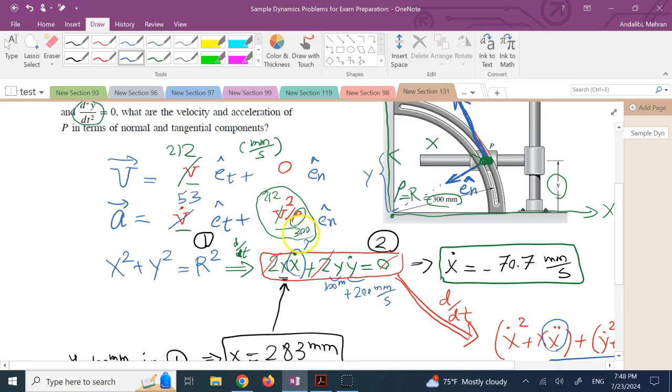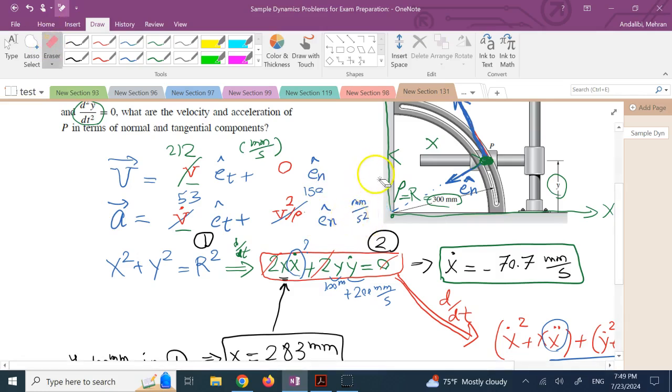And this guy, if you simplify and calculate the number, this is going to be basically 150. Here. And the unit for it is, of course, millimeters per second squared.